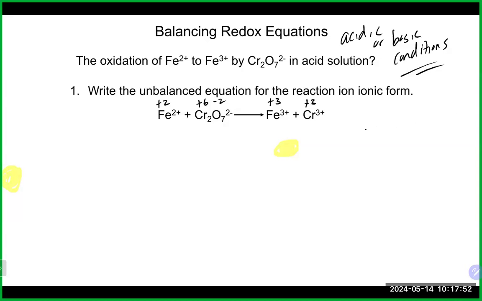Once again, we can simply use our number line if you're not sure to see what's happening. We look at the iron, it's starting at +2 and ending at +3, which means it's becoming more positive and is going through oxidation. So this guy here is going through oxidation, and by default, that means that this guy here would go through reduction.